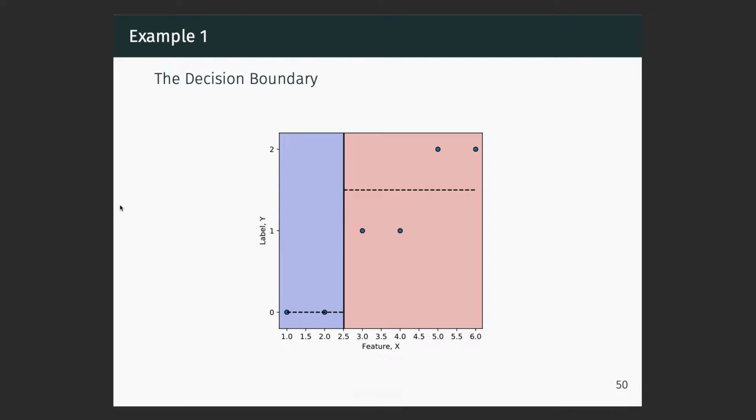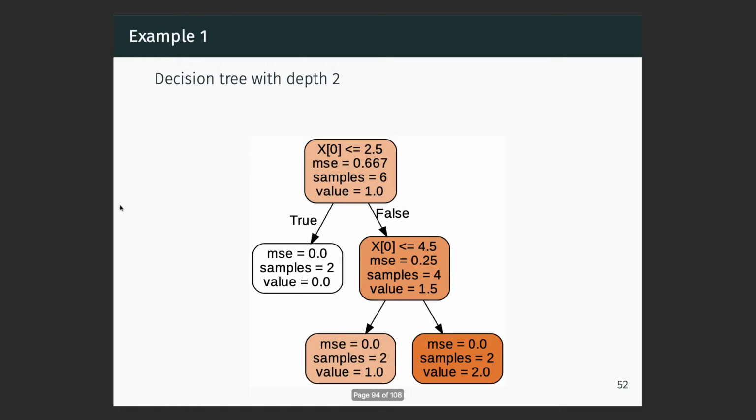Right? So if you had chosen somewhere here, then the mean would have been around 0.5 and the mean for this would have been around, say, between 1 and 2. The deviation of points within this blue region and the red region would have been larger. So that is the objective that we're trying to minimize.